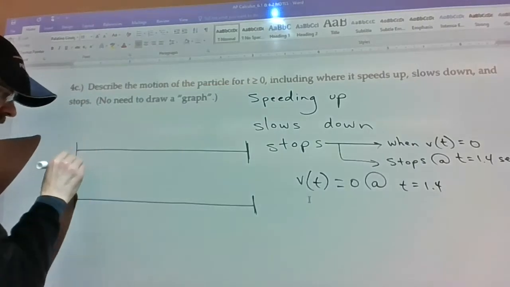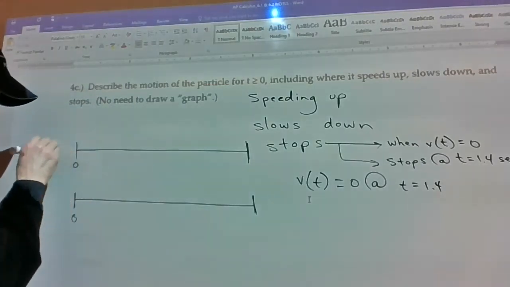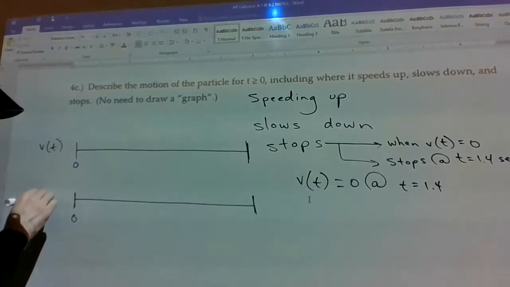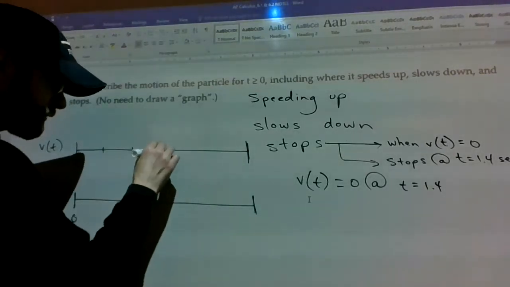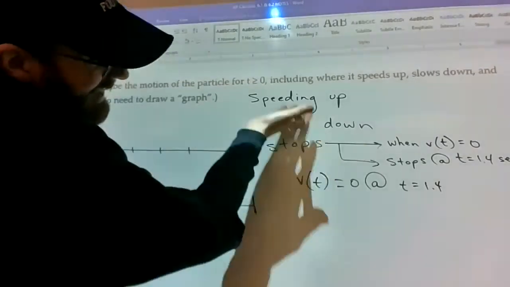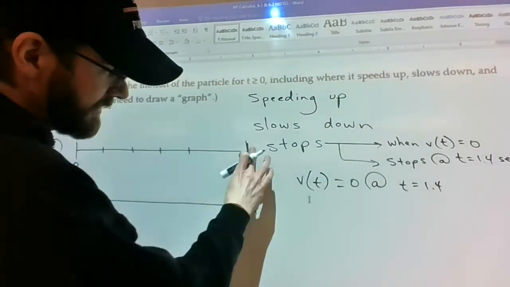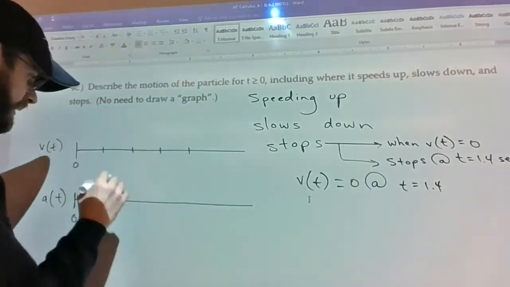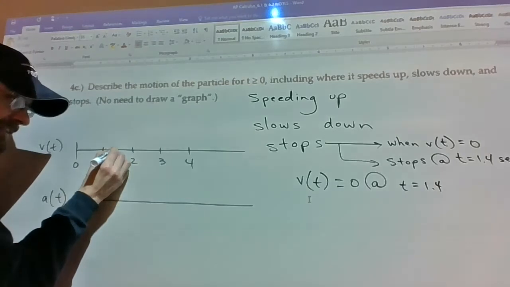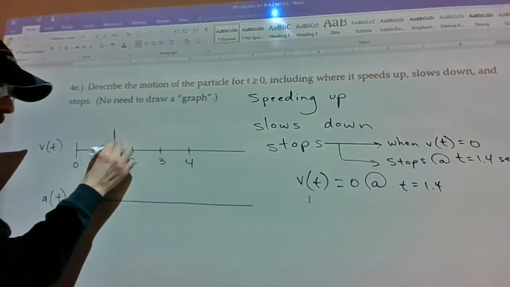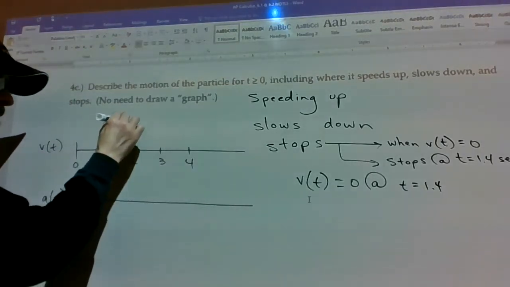So here's 0. We're going to say this is velocity. This is going to be acceleration. 1, 2, 3, 4. It has no stopping point, so it really is open-ended here. But on this number line, 1.4 right here is a critical point. It stops here.